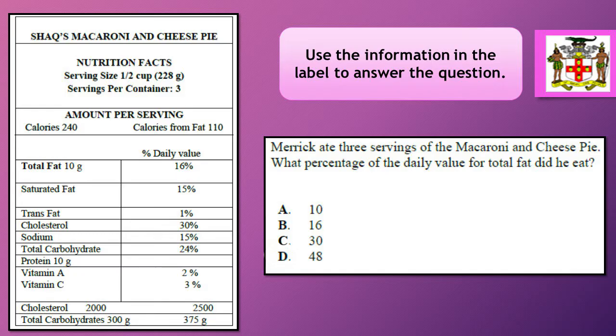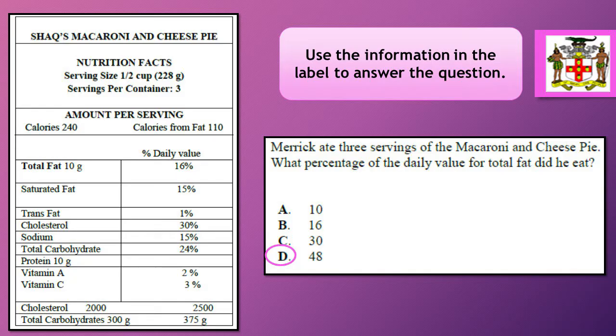But how many servings did Merrick take? He took 3 servings. And therefore, what percentage of the daily value for total fat did he eat? Can you work that out? Let's see the answer. Exactly, 48. Because remember, the information given is the amount per serving.